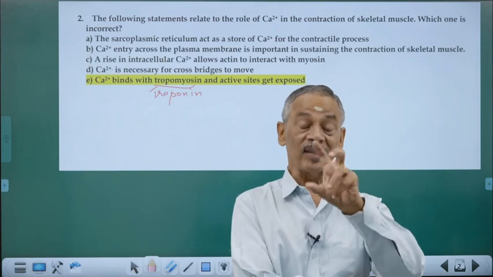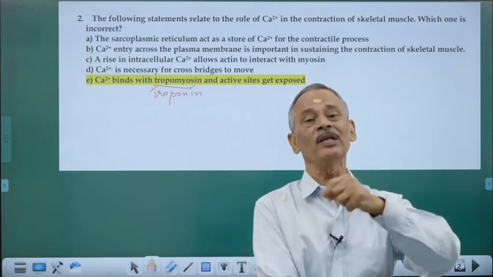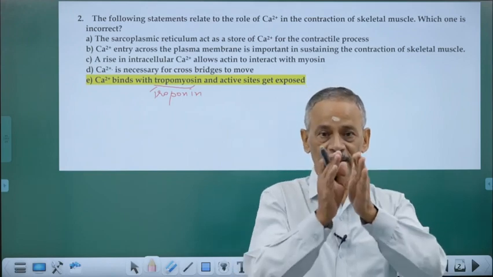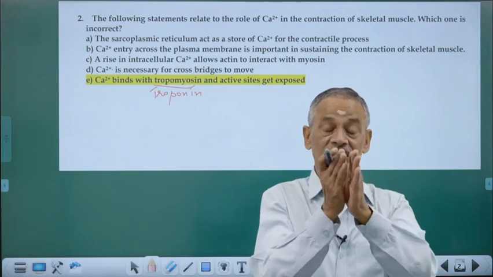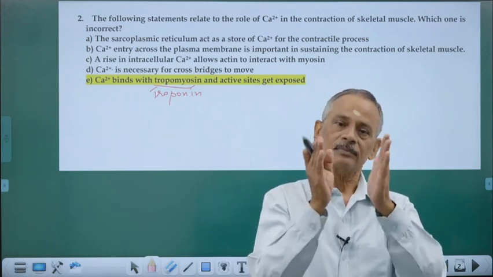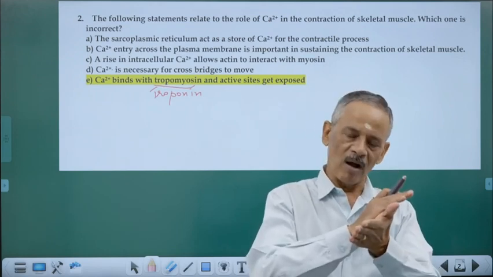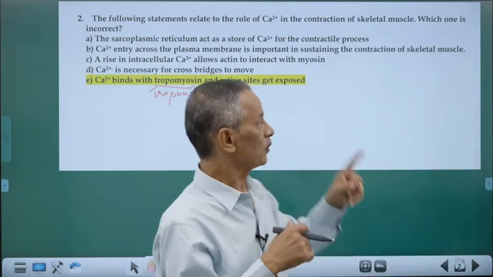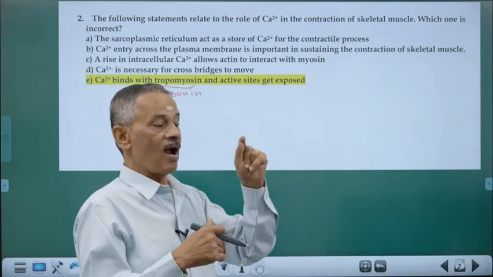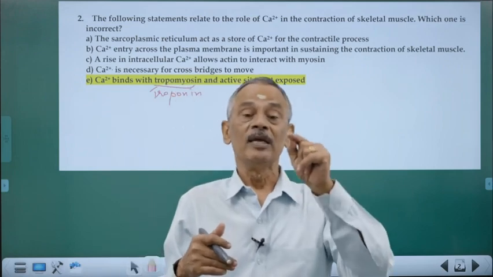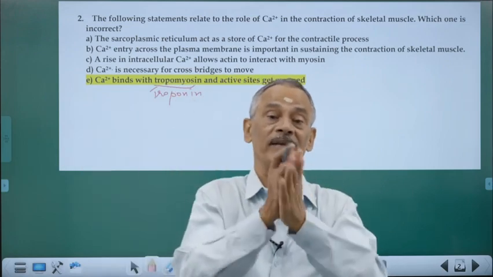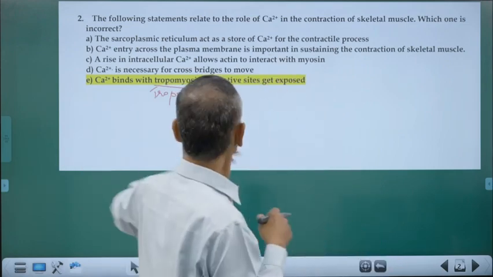It is the calcium that comes and binds with the troponin subunit, so that this binding site, which is remaining concealed or masked, gets exposed. Calcium will also activate ATP, so that ATP will be coming and binding with the ATP binding site.